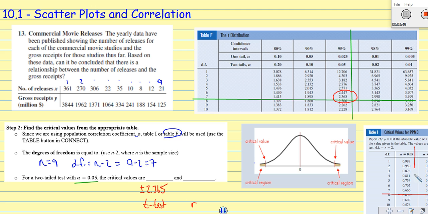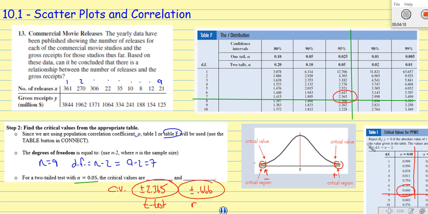We have a significance level of 0.05. So we have a test value of positive or negative 0.666. Okay, so recall, these two numbers right here are basically our critical values. Those are our CVs. Those are the numbers that establish this critical region here and the critical region there. On this side it would be the negative, on this side it would be the positive version.